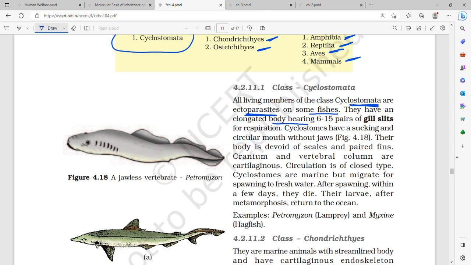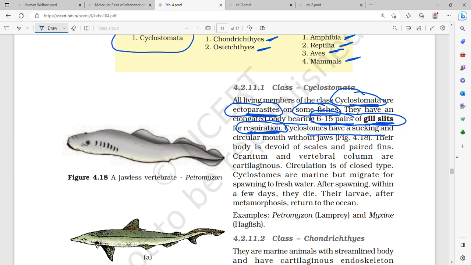They have an elongated body bearing 6 to 15 pairs of gill slits required for respiration.